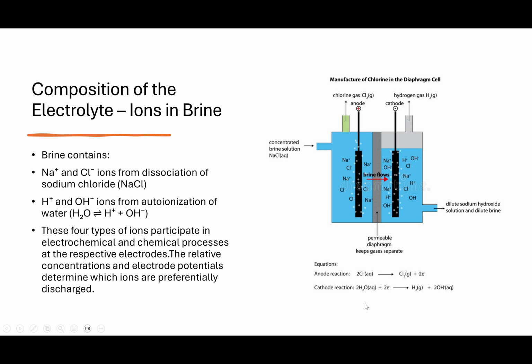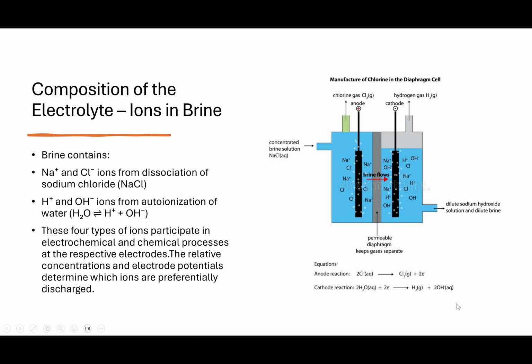So generally what's happening here now, we have the chloride that is losing electrons to produce chlorine gas. And then we have the sodium ions left in solution. The sodium ions will move across the diaphragm into the other compartment, where we're going to have the releasing of hydrogen gas and leftover hydroxide.